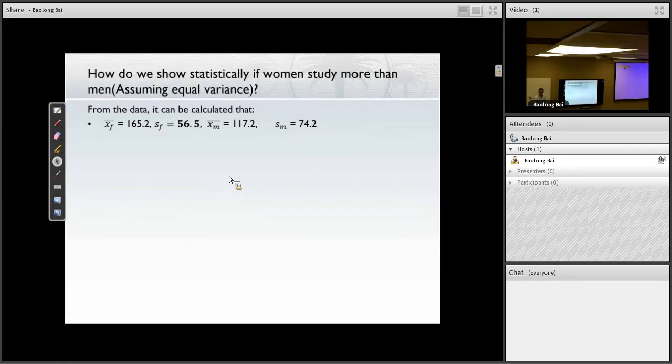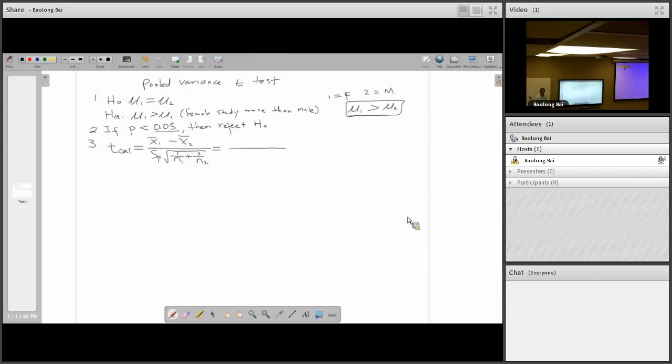So suppose we're given the mean and standard deviation here: for female, 165.2 as the mean and 56.5 as the standard deviation; for male, 117.2 as the mean and standard deviation 74.2, right? So if we write those numbers down, x1 bar is 165.2, x2 bar is 117.2, right?